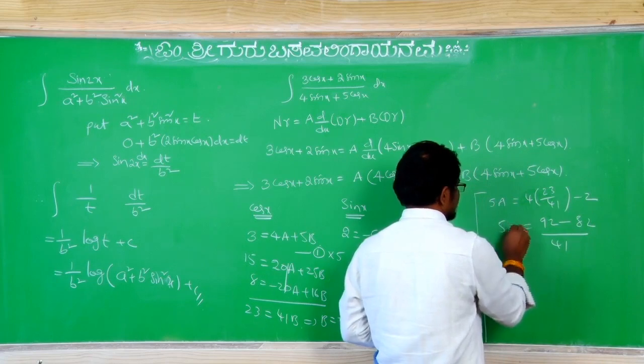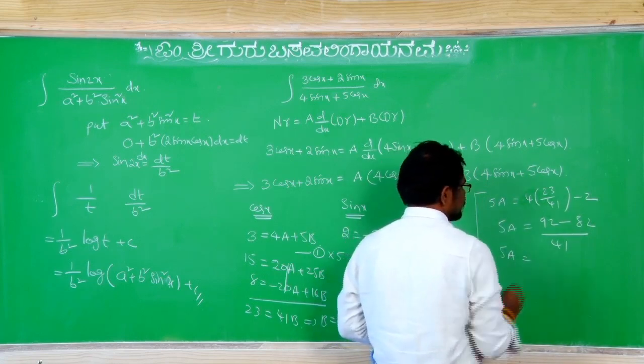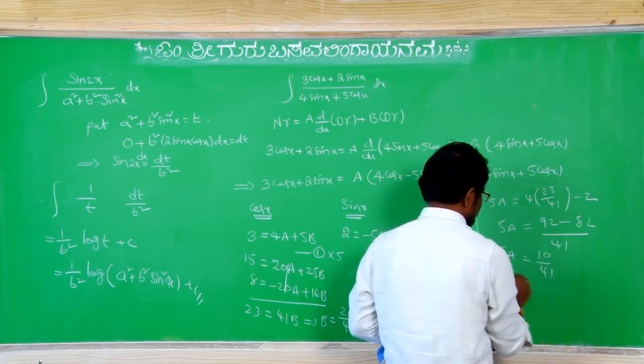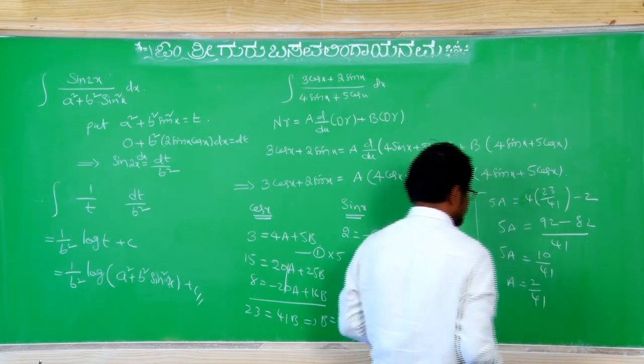This is 5a. So 5a equal to 10 by 41, and a equal to 2 by 41.